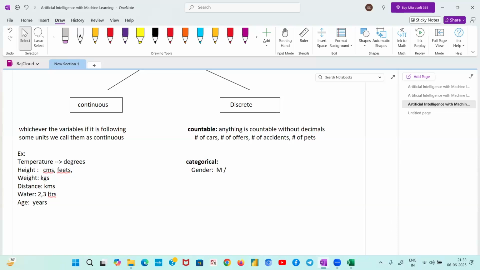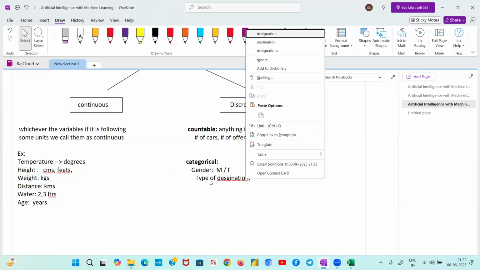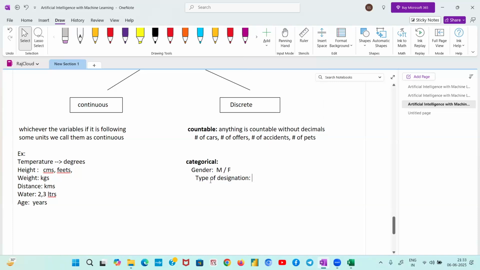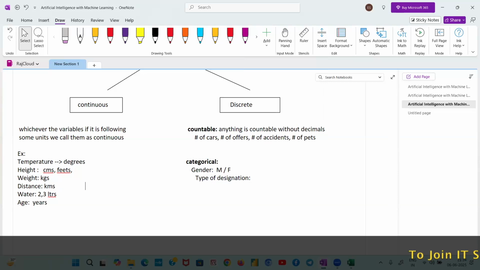Male or female. The type of designation: you may say fresher or senior. Otherwise, the role that you do, programmer, senior level programmer, manager level, senior manager, or program manager, whatever the type of designation. Location of a person.